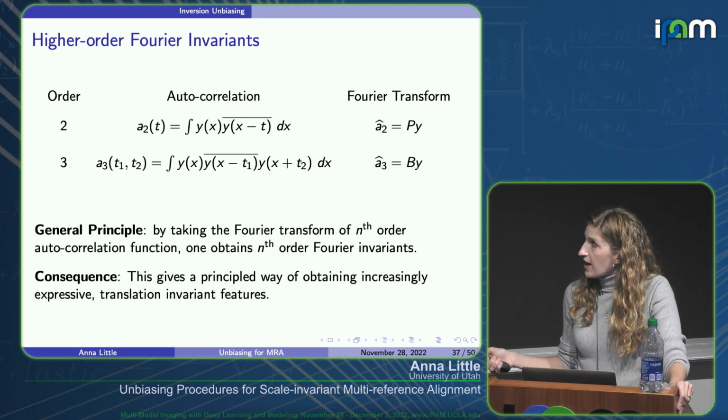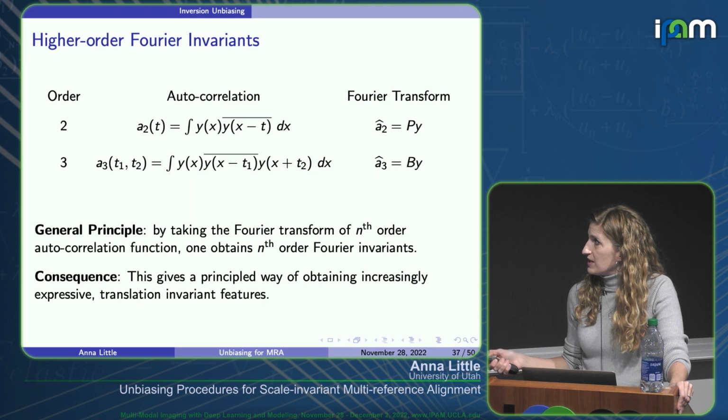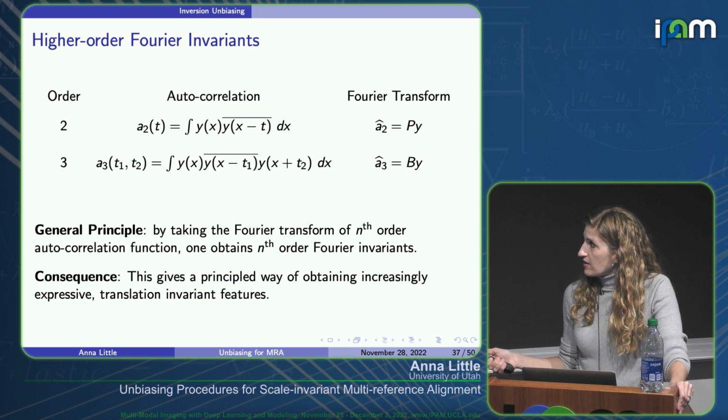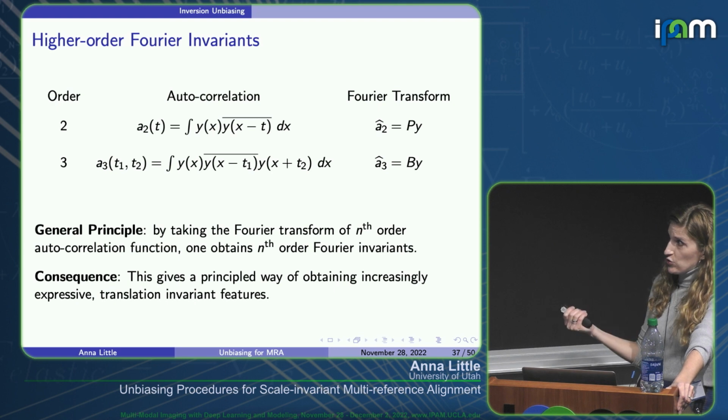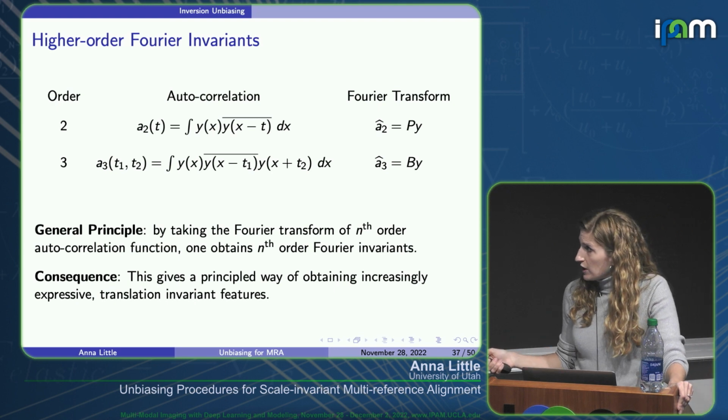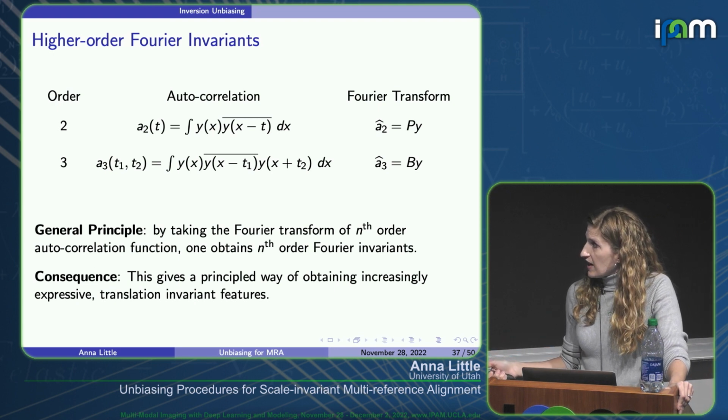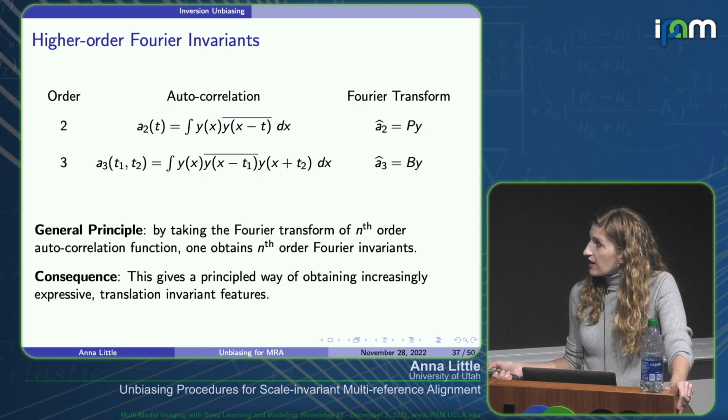I've been talking a lot about the power spectrum today. So what is the power spectrum? One way you can think about it is as the Fourier transform of an autocorrelation function, the second order autocorrelation function. If you make this little function a2 of t by integrating y times y shifted by t, you get the autocorrelation function.